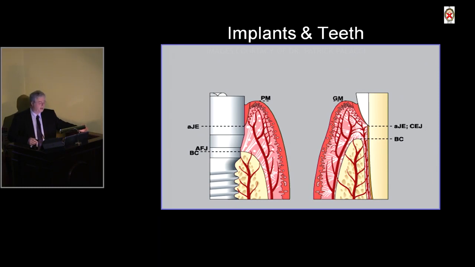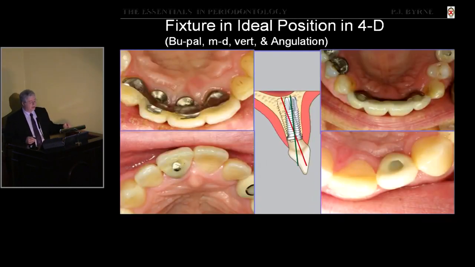They're not the same, and they need different handling. If we're going to engage in dental implant treatment, we need to get our implants in the right place in order to have correct restorative outcomes, but also good maintenance outcomes. Because if the implant's in the wrong place, we have problems.